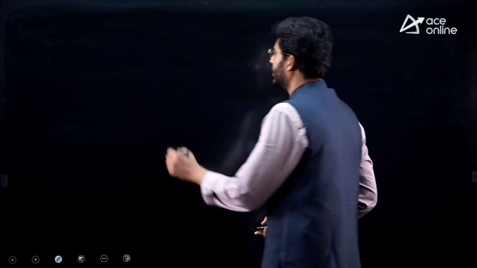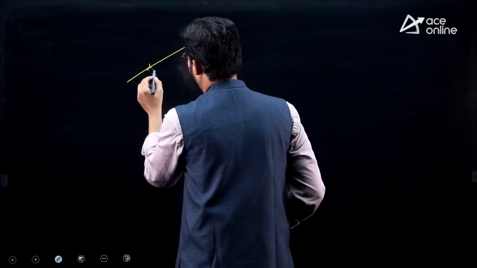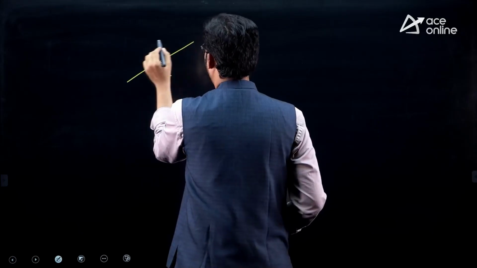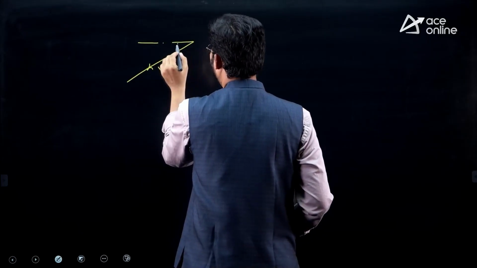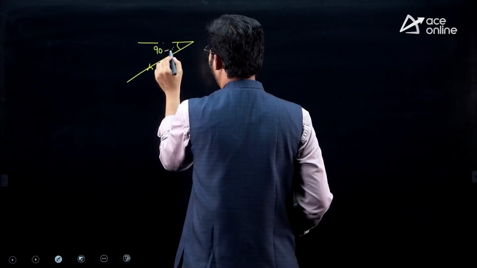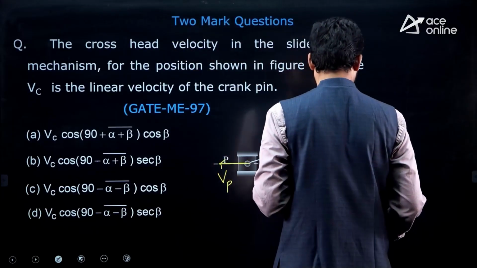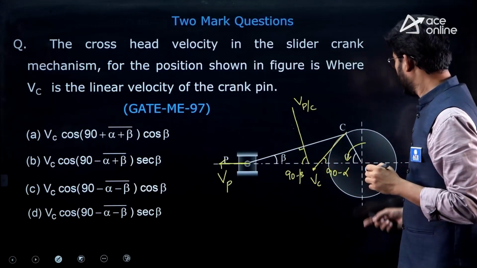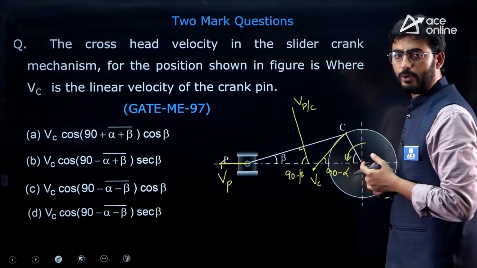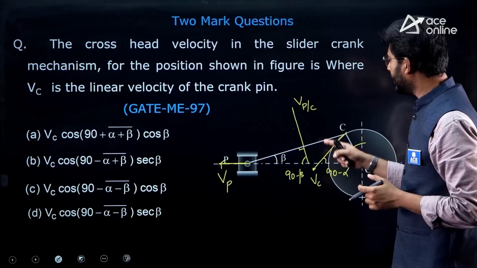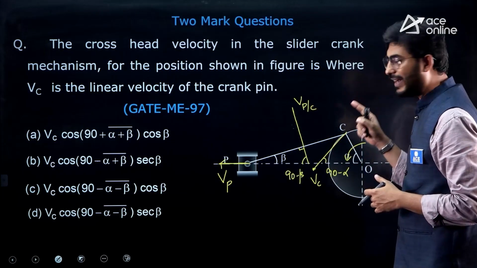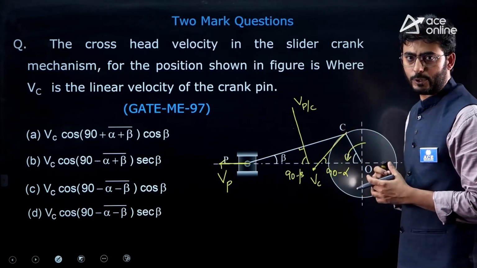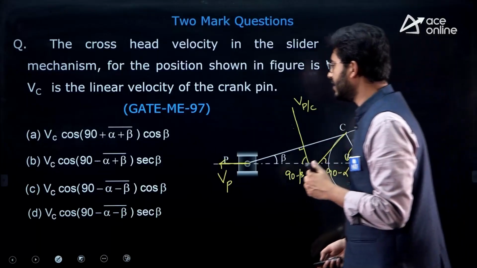Now using all these vectors, we need to form a closed polygon. Here velocity VC, let me mark it, making an angle of 90 minus alpha. Next, this is OC, O being the fixed point and C being the moving point. Next I need to place a vector, velocity of P with respect to C, at the point C itself.